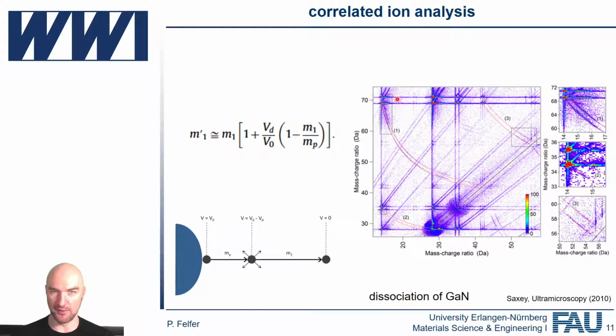So you get a parabola, and you can actually see those in so-called correlative ion plots. They are very often also called sexy plots, and I really urge you to call them sexy plots. It's always very funny to see David Saxey cringe when he hears his own name in a presentation.